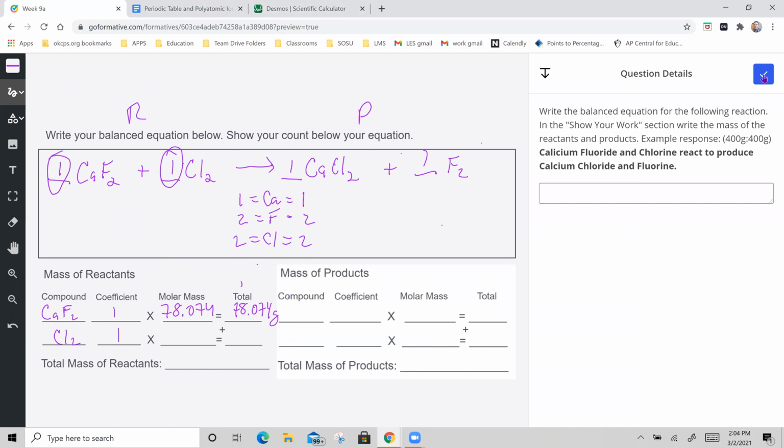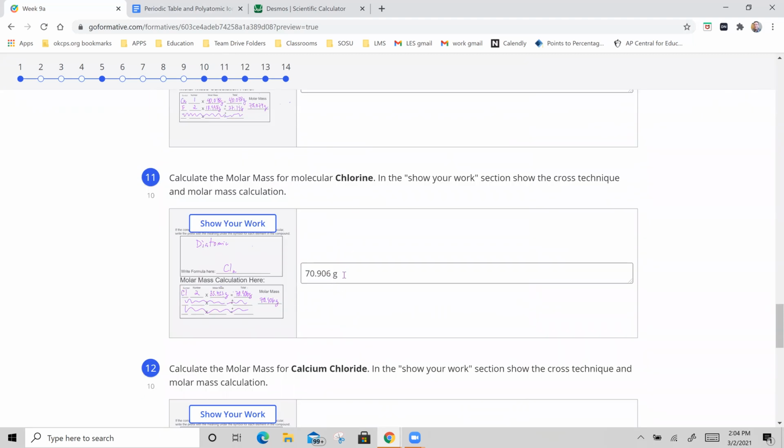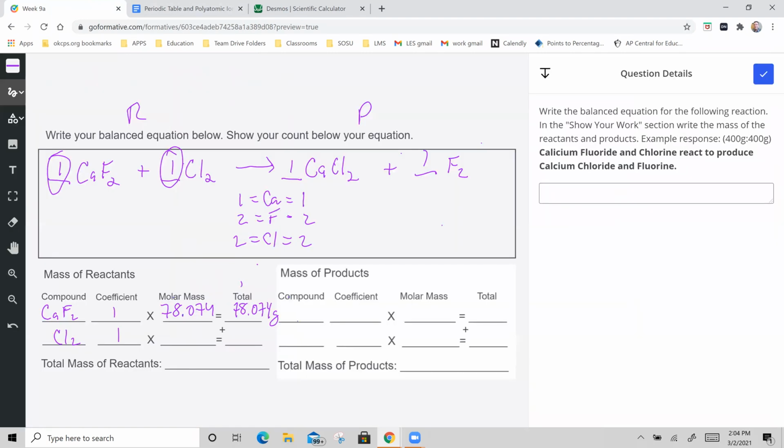Then we go to chlorine, Cl2. We don't know the molar mass for that, so we go back to our previous answer and find chlorine, which we said was 70.906 grams. We plug that in, 70.906 grams, and then simply add.